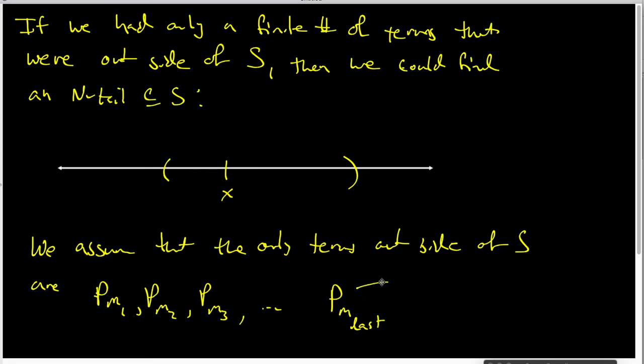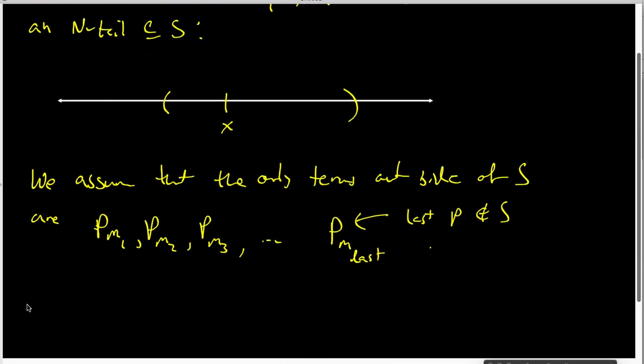This is the last P that is not inside S. In other words, I can assume that M1 is less than M2 is less than M3, all the way up to less than M last.